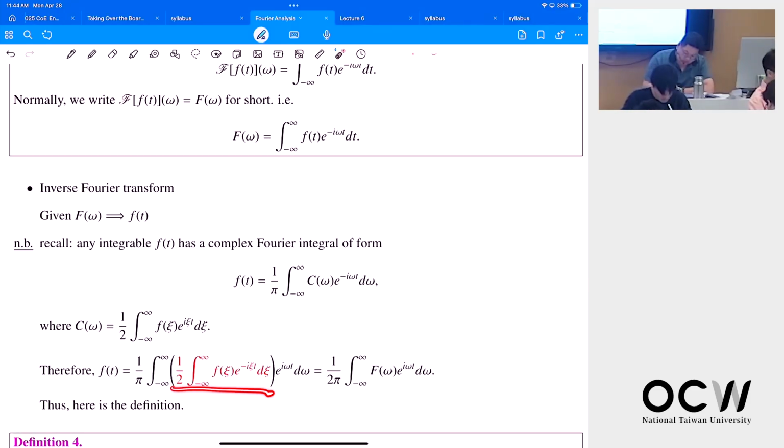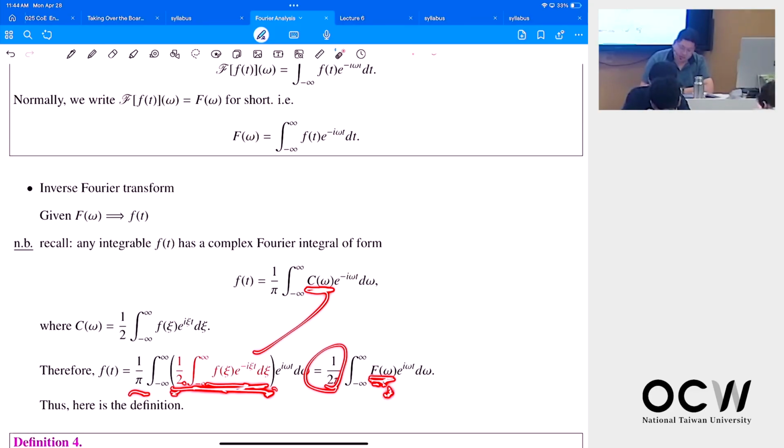Okay, so this is c of omega. And then you rearrange that, 1 over 2 pi, and this is our Fourier transform of f. So this is the idea of the inverse Fourier transform.